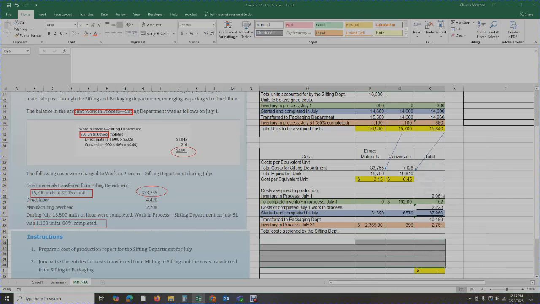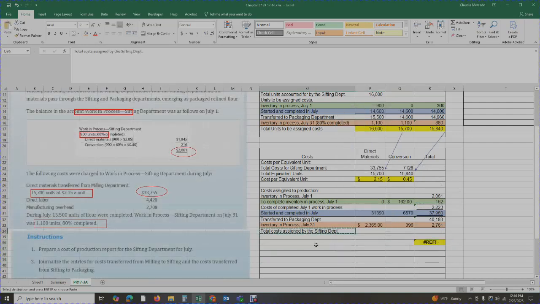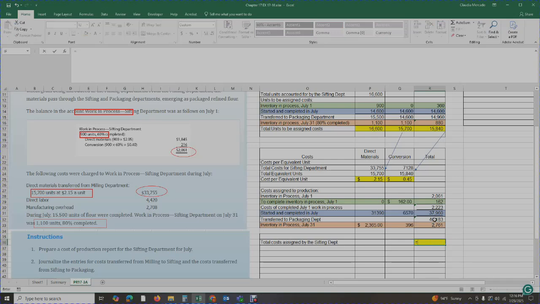I don't need them. Okay, so my total cost is going to be what we were transferring to the packaging department and what we have left over from this month.